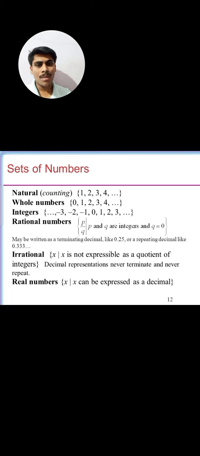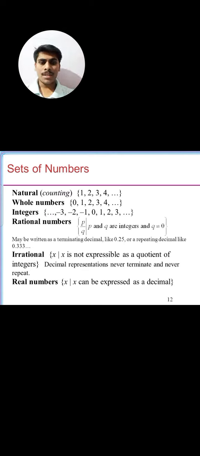Next, sets of numbers: natural numbers, whole numbers, integers, and rational numbers. Natural numbers are counting numbers, a set of countable numbers, represented in curly brackets as 1, 2, 3, 4.